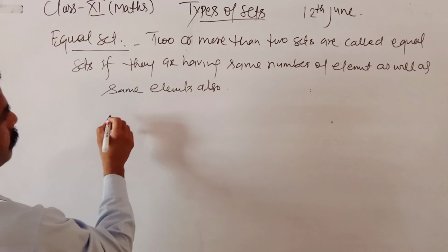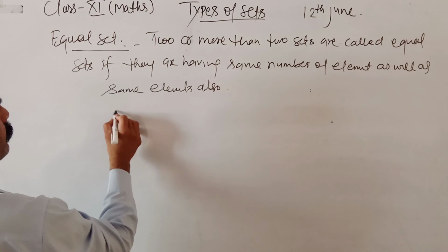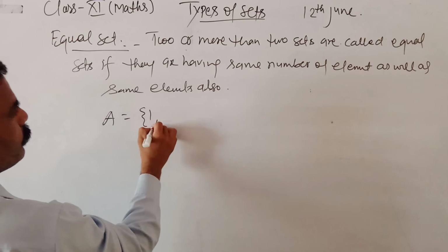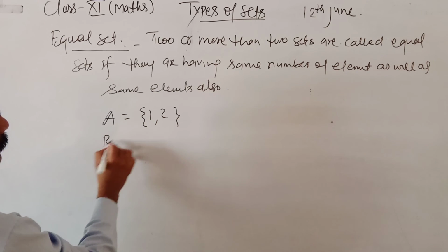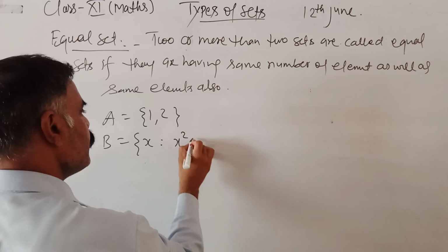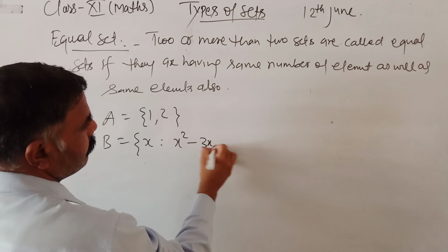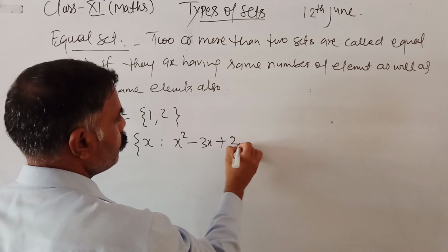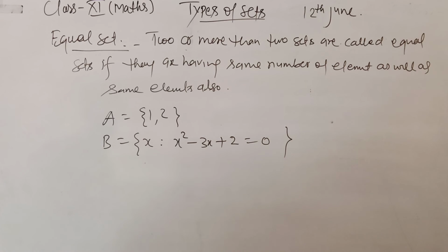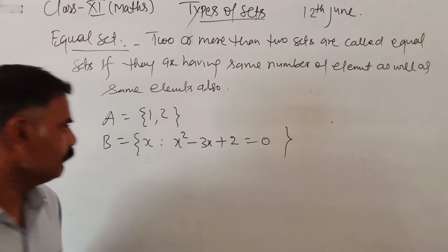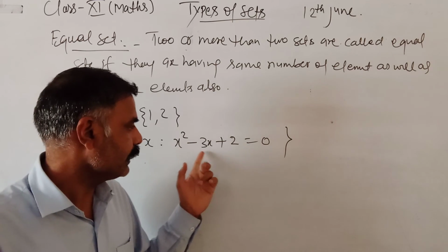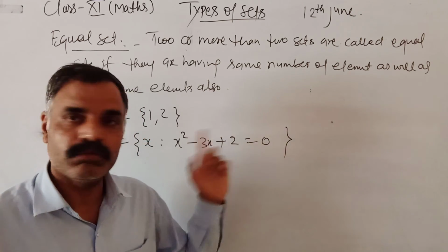Example: suppose we have been given set A equals {1, 2} and set B given as {x such that x squared minus 3x plus 2 equals 0}.